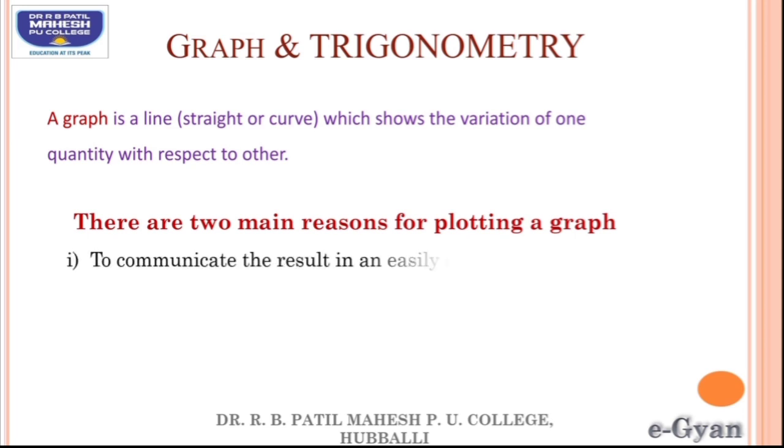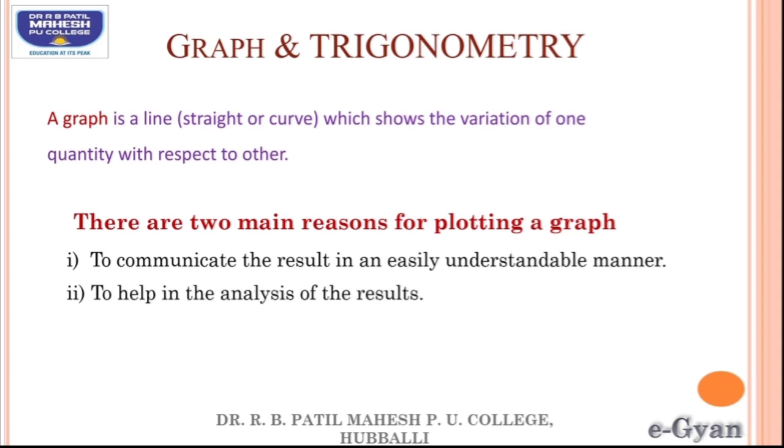First, to communicate the results in an easily understandable manner. That is, we can tell the results of the experiment easily by plotting a graph. Second, to help in the analysis of results. We can even analyze the result by plotting a graph.